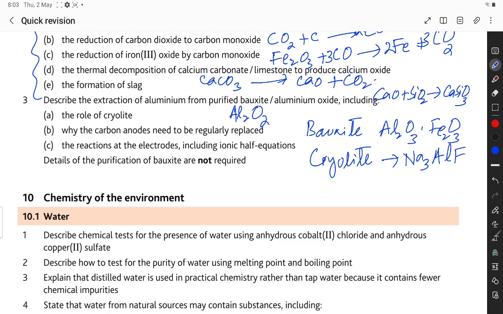This is cryolite. The role of cryolite is to lower the melting point of alumina.